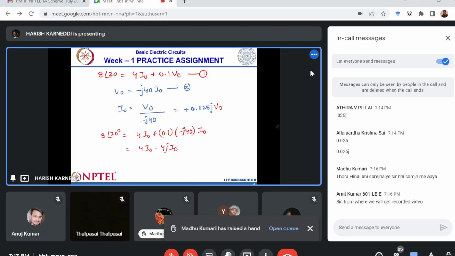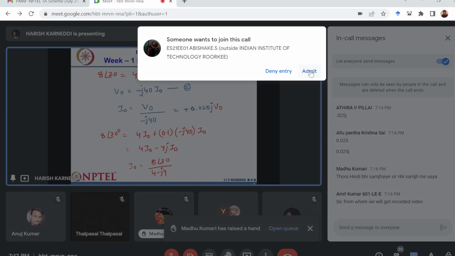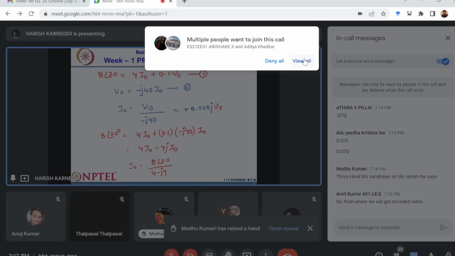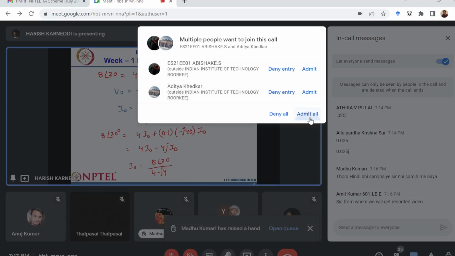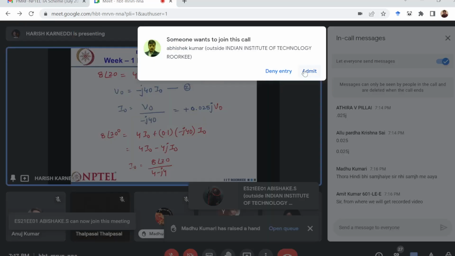So I naught equals 8 at an angle of 20 degrees by 4 minus J4. It's clear, right?